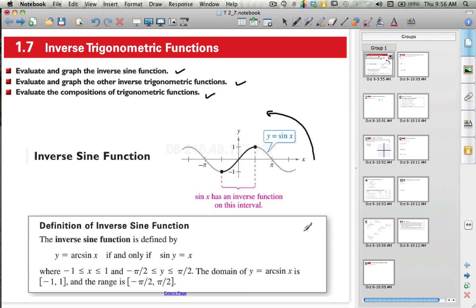So what we want to work with is that our domain is from -1 to 1, and our range is from -π/2 to π/2, assuming that we have the period from the parent function.